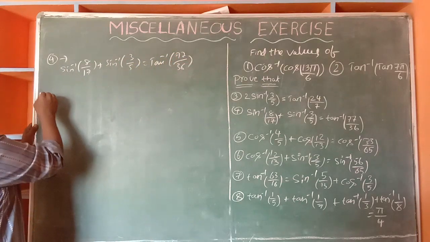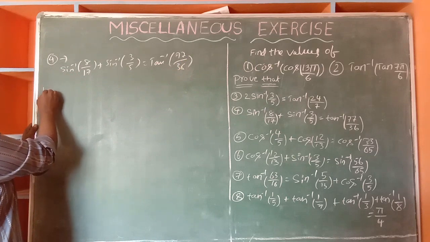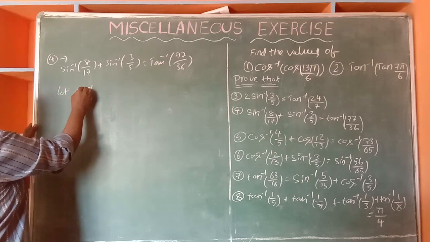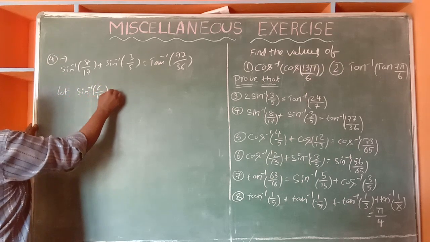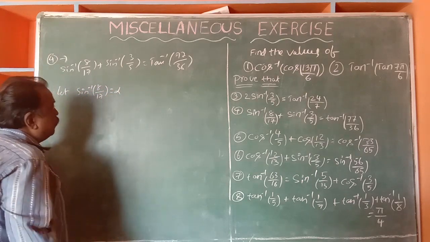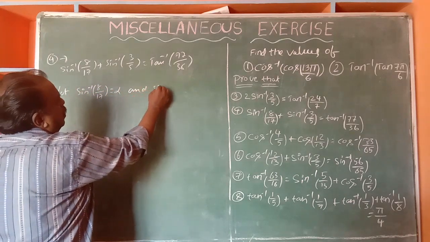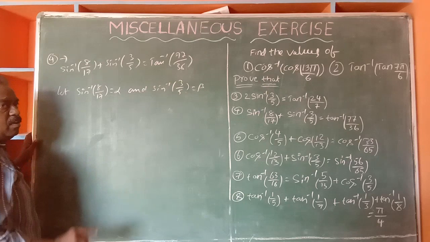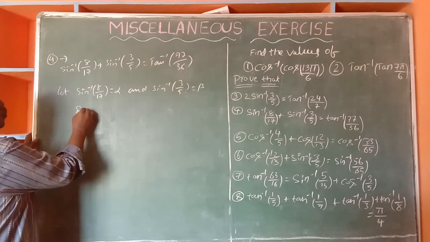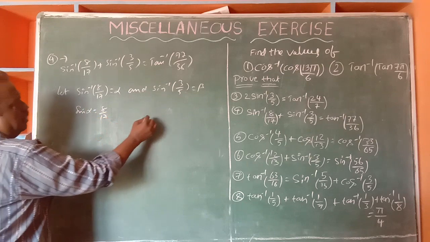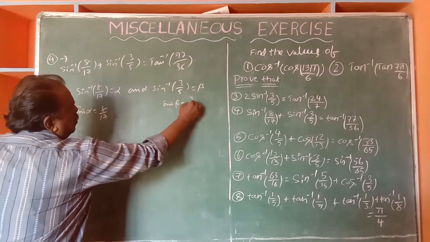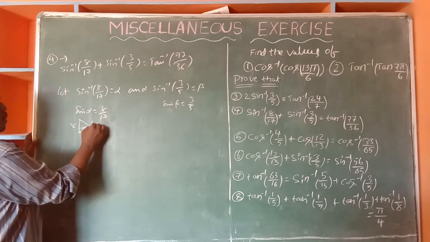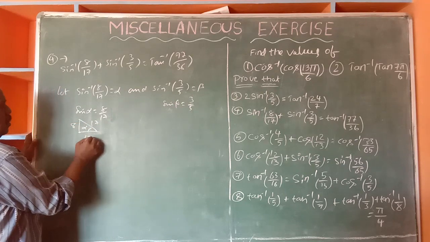Now, let sine inverse 8 by 17 be alpha, and sine inverse 3 by 5 be beta. It is a simple method. So sine alpha is equal to 8 by 17, and sine beta is equal to 3 by 5. Here for alpha, the sides are 8 and 17, so the other side is 15.